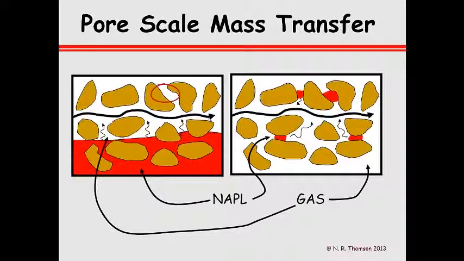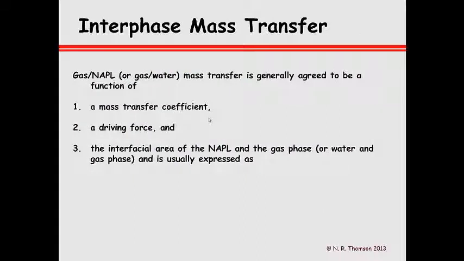And these are the two endpoints. On your right we have blebs, or small residual, and on the left we might have a saturated zone of light non-aqueous phase liquid.